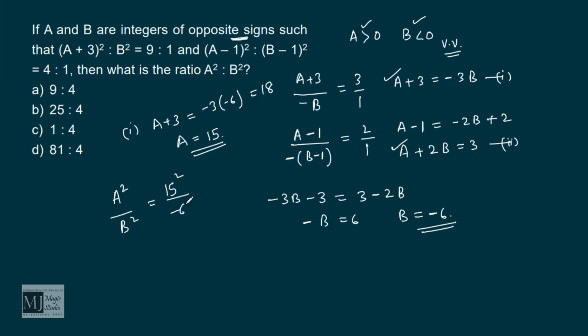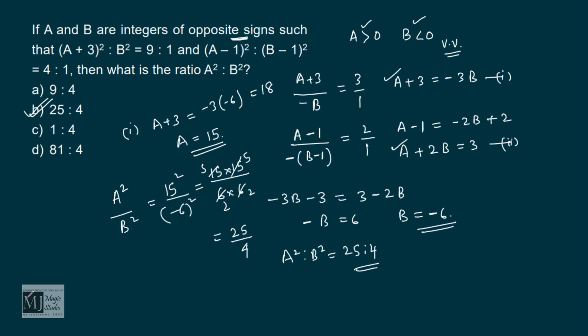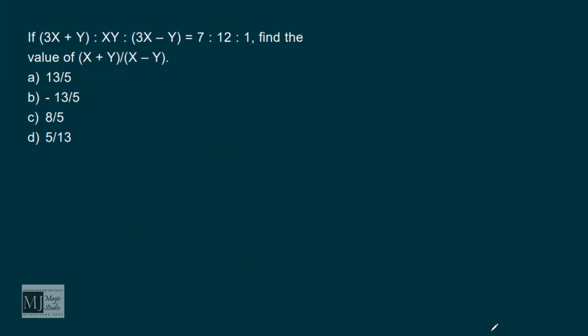That would be 15 whole square by minus 6 whole square. 15 into 15 by 6 into 6, 3 5 times, 3 2 times. That will be 25 by 4. Therefore, A square is to B square is 25 is to 4. Option B fits in. I hope you must have paused the video and solved it. Let's see what should be the answer.